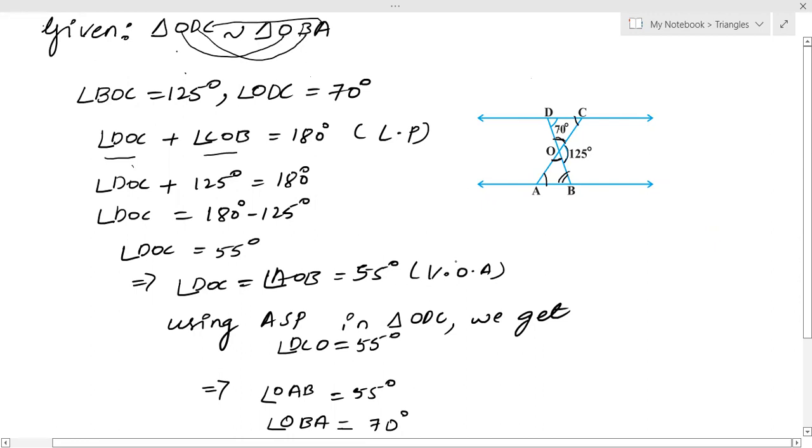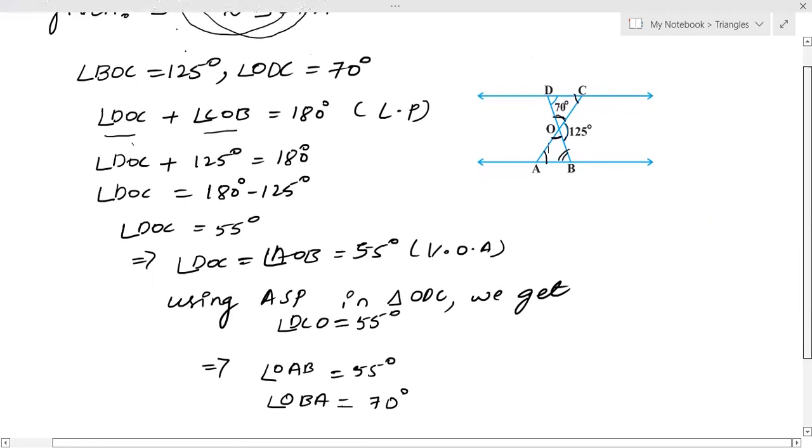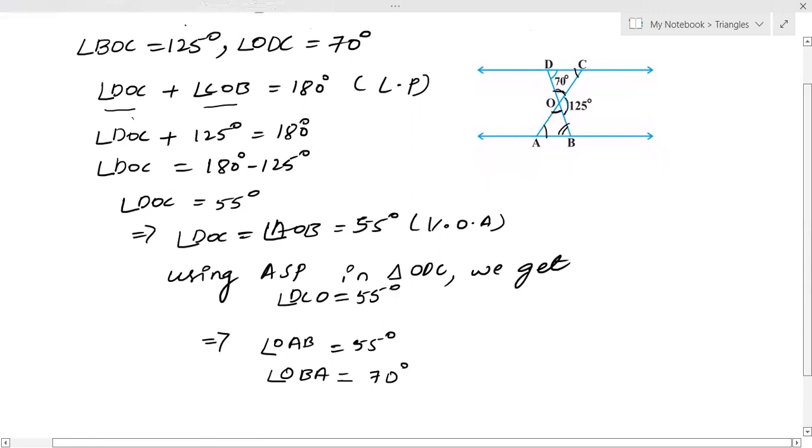And now we are going to use the angle sum property for the triangle DOC or triangle ODC. What is the angle sum property? If we add the three angles of the triangle, we should get 180. So D here is 70. DOC is 55. So 70 plus 55 is 125. So here we get 180 minus 125, which gives us 55.